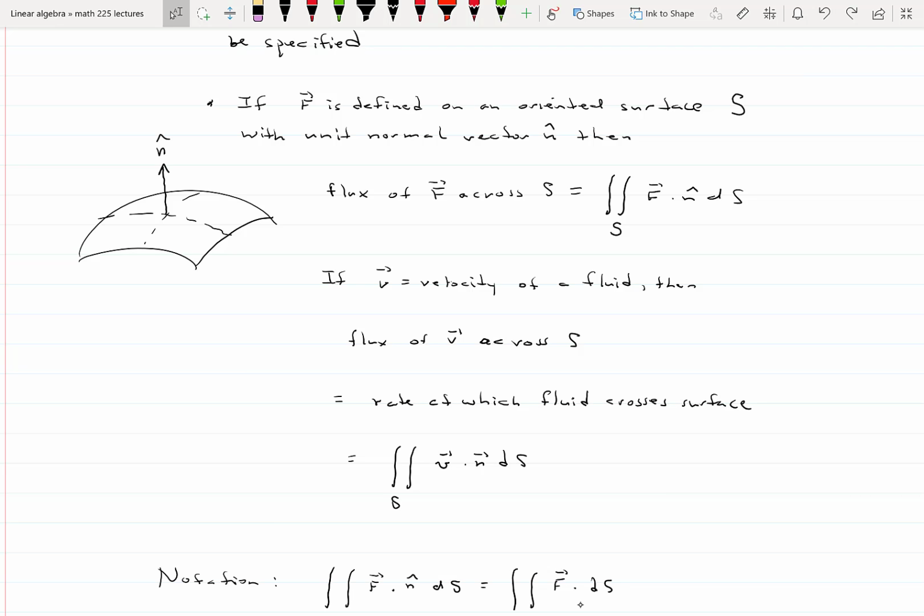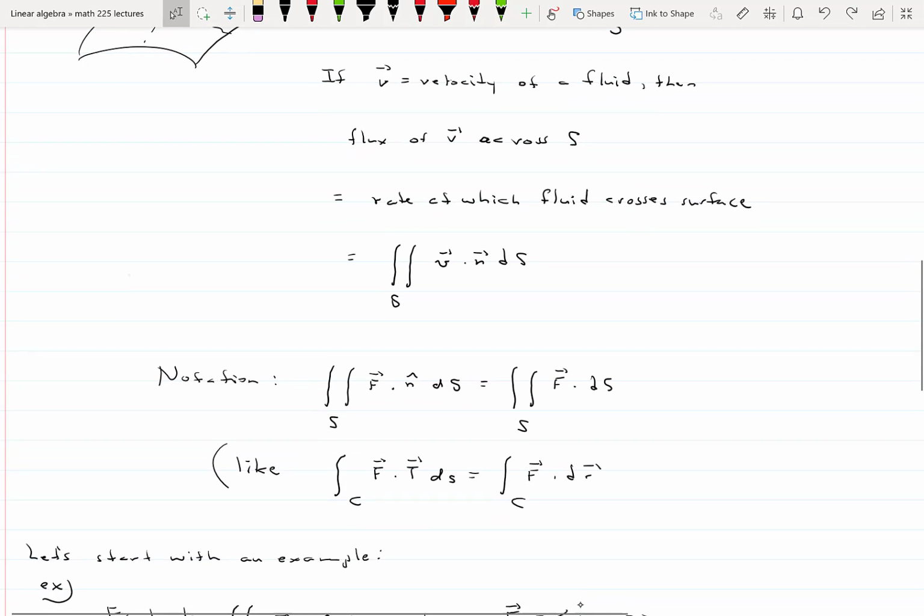So if V is the velocity of the orange juice, then the flux of V across S, across the surface of the orange, is the rate at which orange juice leaves the orange, from the point of view of a little person standing on the orange, measuring with an orange juice meter the rate at which juice was crossing the surface.